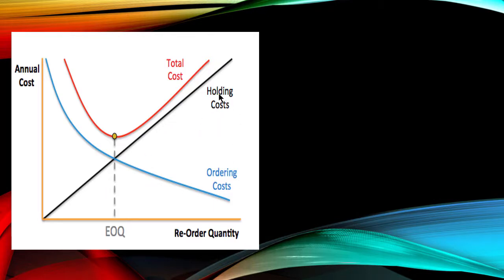The holding cost will increase if we increase our quantity of order. And there is a certain point between ordering cost and holding cost, the intersection of them, which we consider as the economic order quantity or EOQ. So this is all about this graph. It is all about the EOQ.